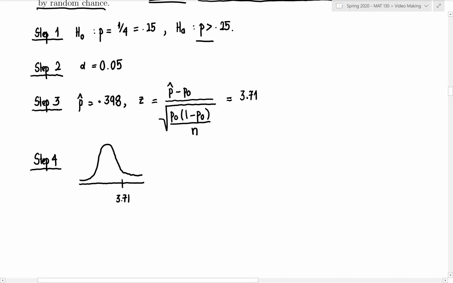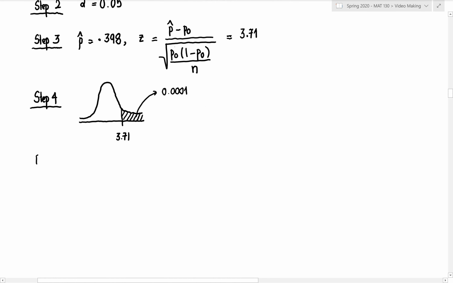This is the area we are interested in. If we look at our table, we realize that this area is quite small. It is 0.0001. So our p-value in this case is 0.0001.